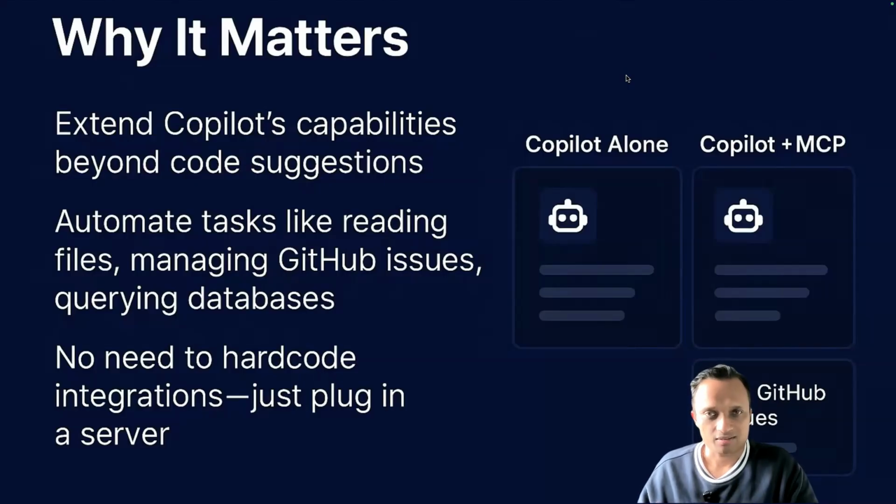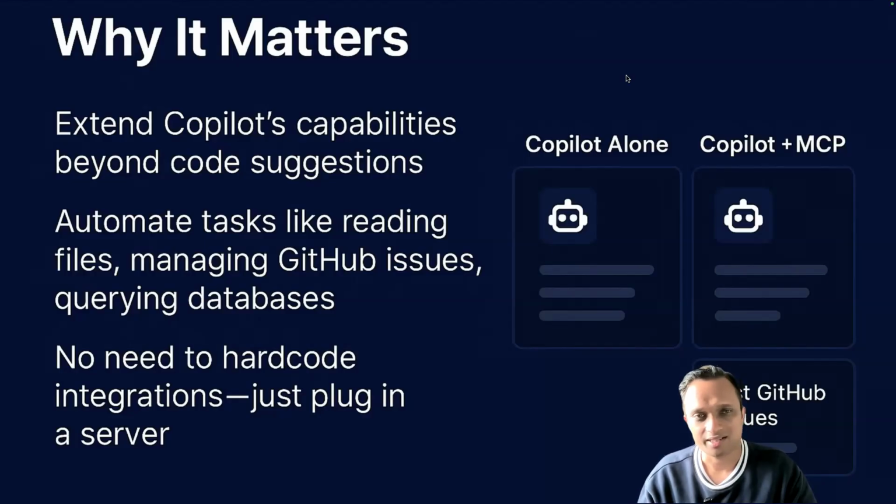Now, why does it matter? Copilot or any other AI tool is fantastic, right? It is a great tool, but with MCP, it becomes a full-blown workflow engine. So if you need to list all the GitHub issues, or create a database query, or read a config file, just tell Copilot and it will do it.